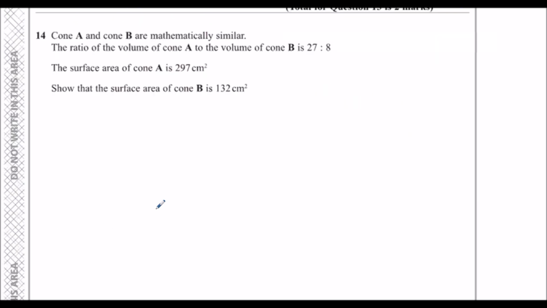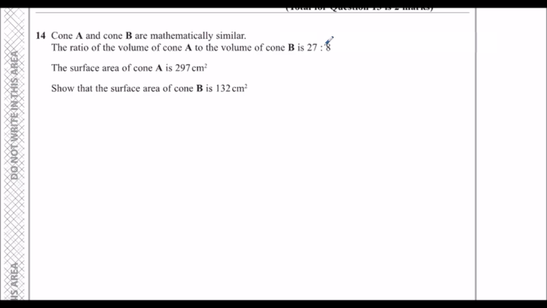Question 14. Cone A and cone B are mathematically similar. The ratio of the volume of cone A to the volume of cone B is 27 to 8. The surface area of cone A is 297 centimeters squared. Show the surface area of cone B is 132.